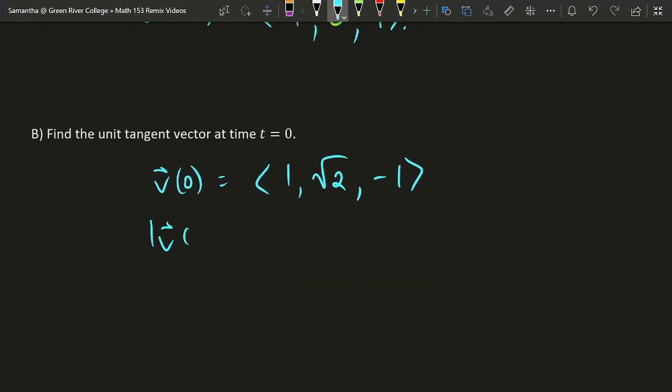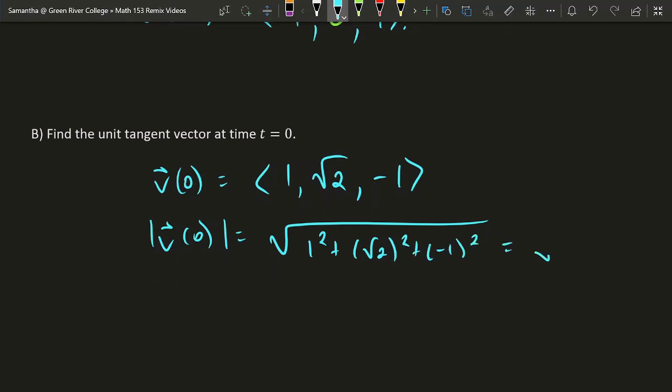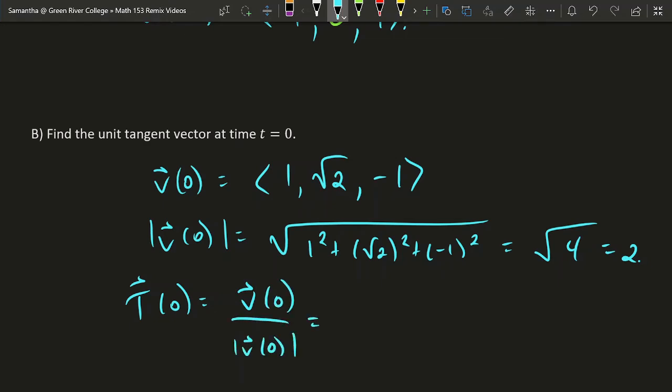Find the length of that tangent vector, which looks like root 4, which is 2, and then divide the velocity vector by its length. That'll give us the unit tangent.